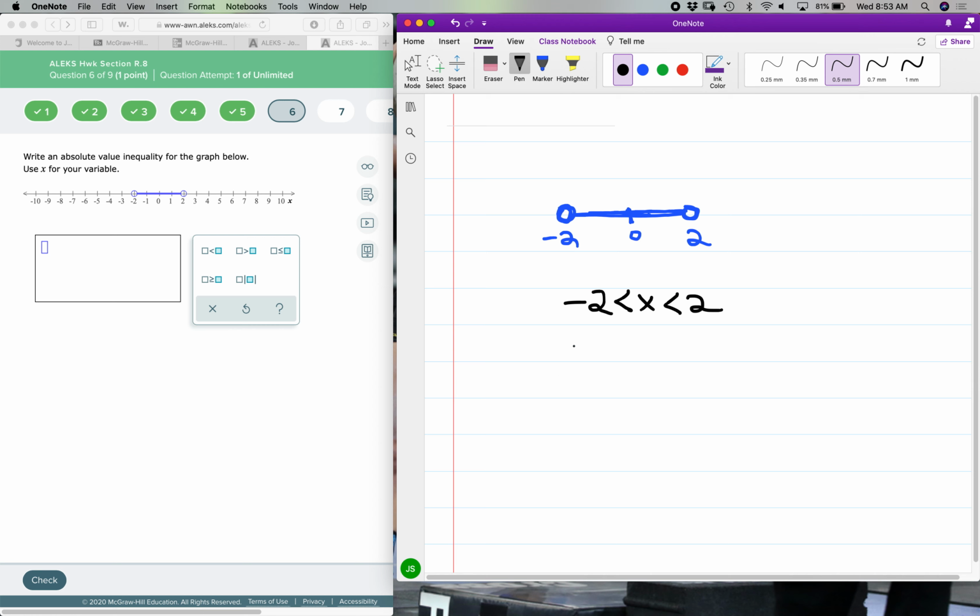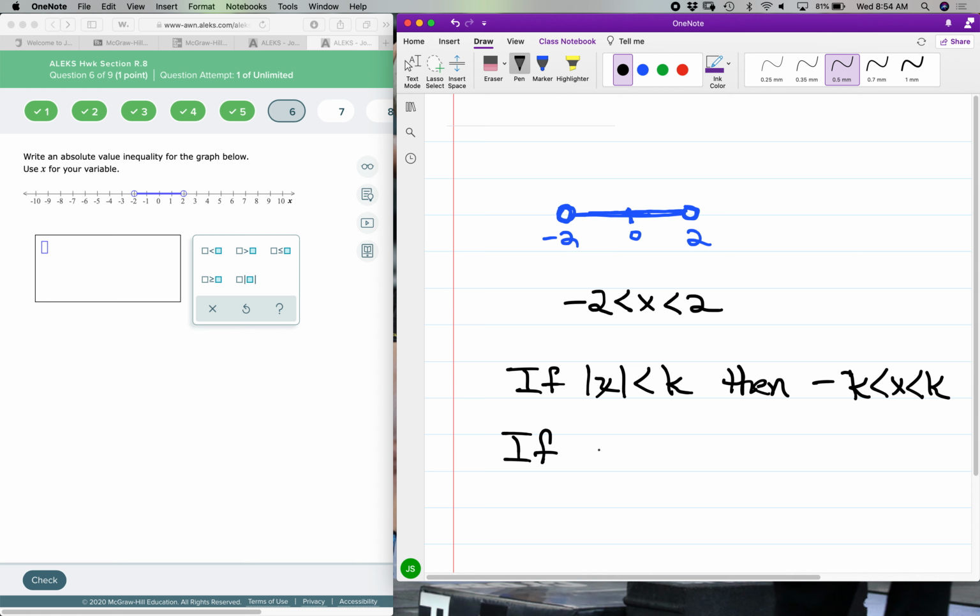And if I were to express this as an absolute value inequality, notice with the compound inequality, this goes back to our statement that if we have that the absolute value of x is less than k, then in this case you have negative k is less than x is less than k. And if I were to write the converse of this, if negative k is less than x is less than k, then you have that the absolute value of x is less than k.